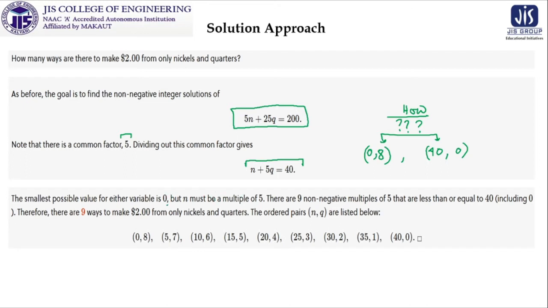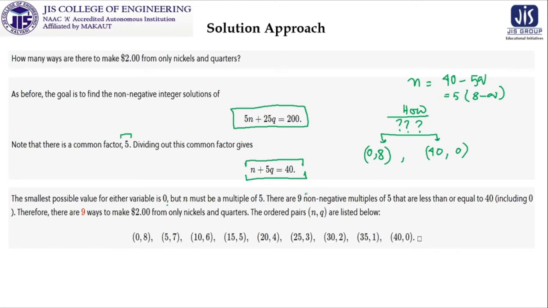So n must be a multiple of 5. Why? Because n = 40 - 5q, which you can write as n = 5(8 - q). So n must be a multiple of 5. That is why it is written like this.